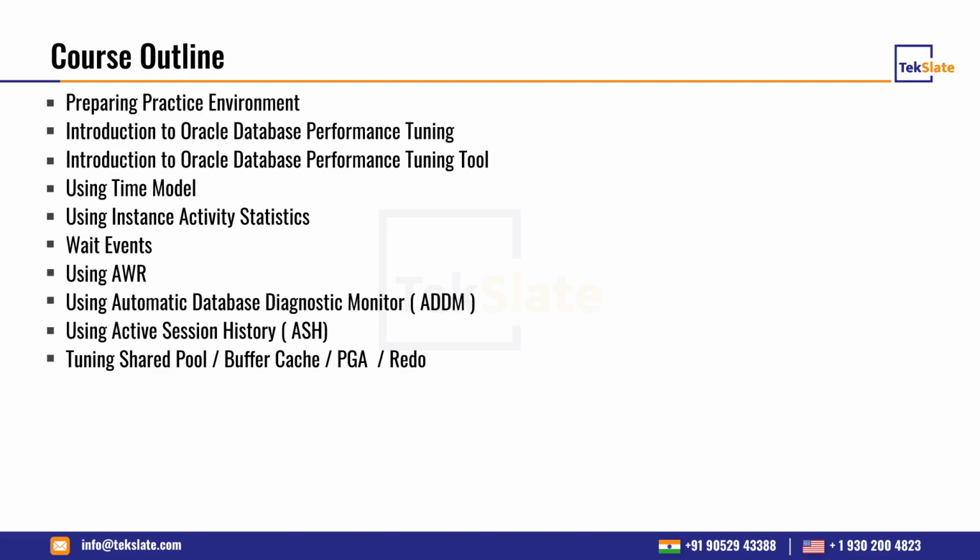Then, very important, how to tune the shared pool, buffer cache, PGA, redo. These are the memory components, so we need to tune them as and when required. Let's say some hard parsing is going on in the Oracle database.